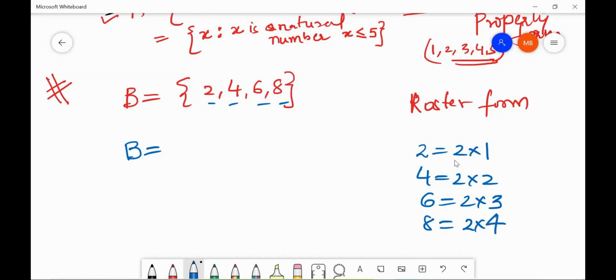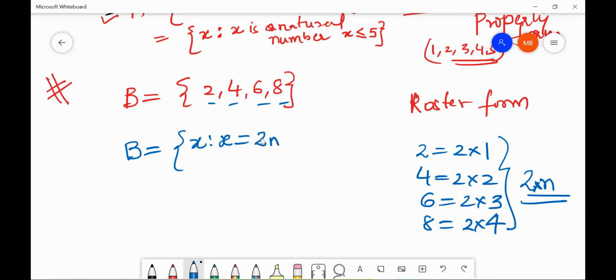So I could decode a pattern here, and the pattern here is 2n, 2 multiplied by n. So what do I write here? I'll write x is such that x is equal to 2n.